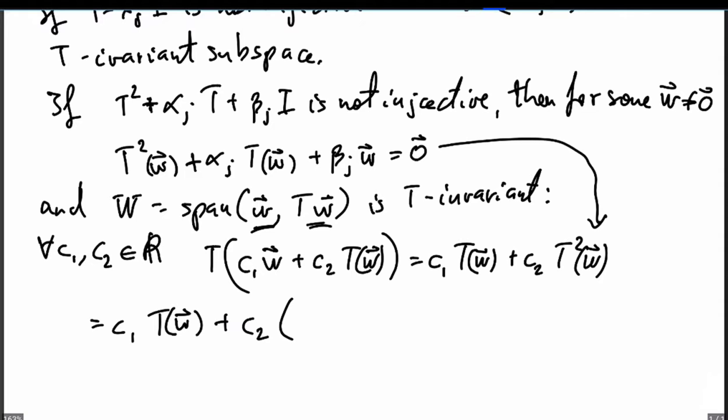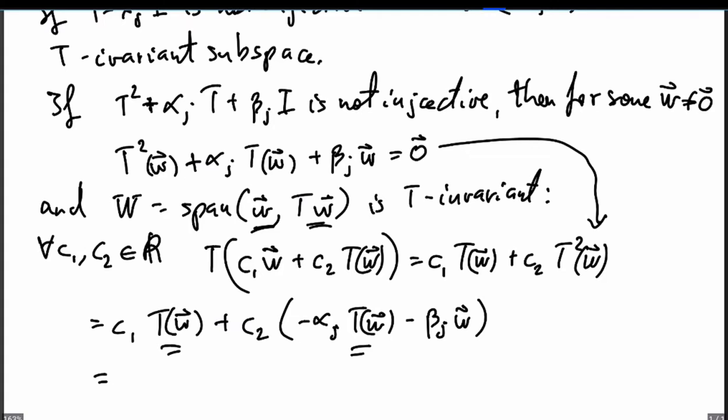Substituting when we solve for t squared w, we get minus alpha j t w minus beta j w. And then we can collect together like terms.